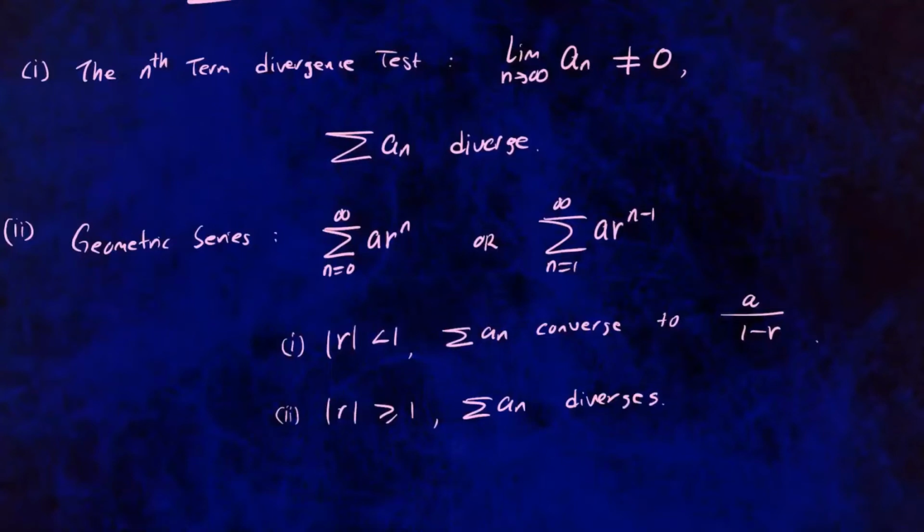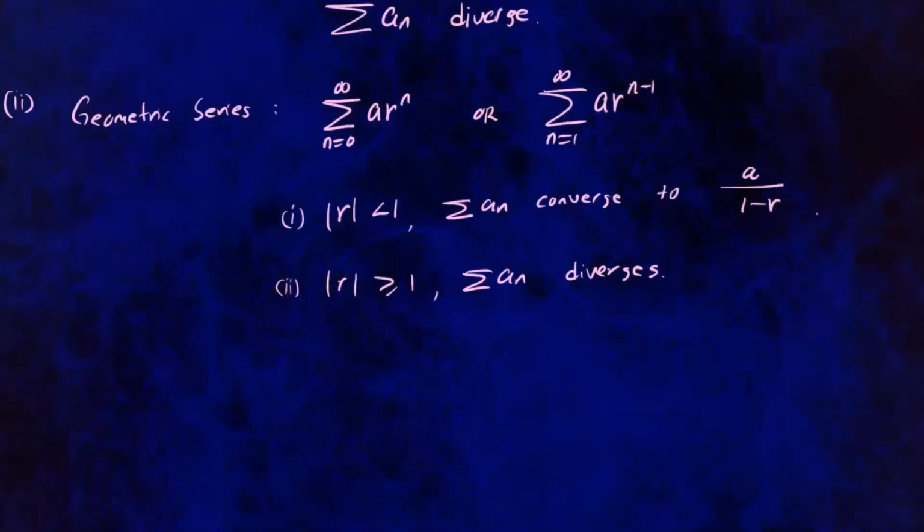Now, if the series is not a geometric series, then you try to say, okay, what does it look like? Could it be a p-series? The p-series is another type I always look for when it comes to testing whether it will converge or diverge. P-series will have the form the sum from n equals 1 to infinity of 1 over n to the power p. So p is a power.